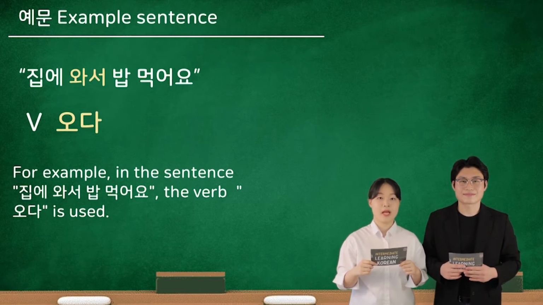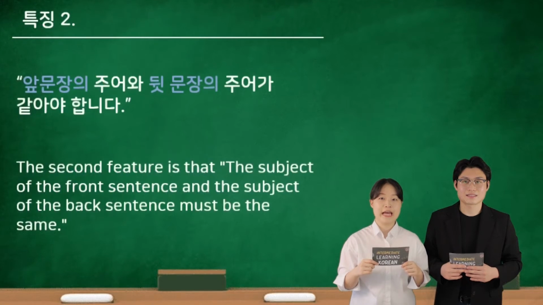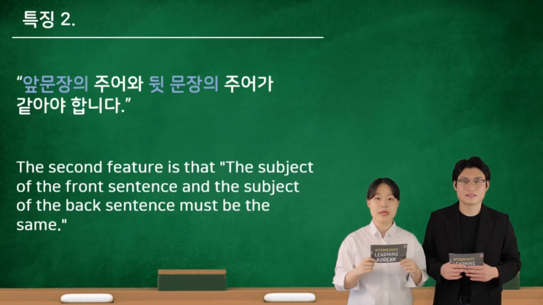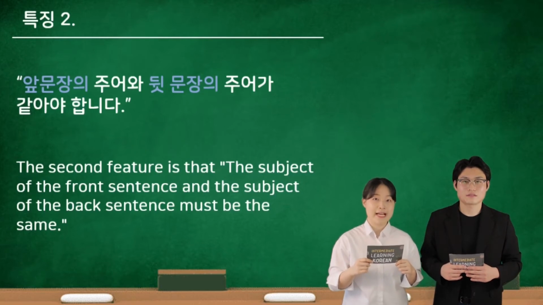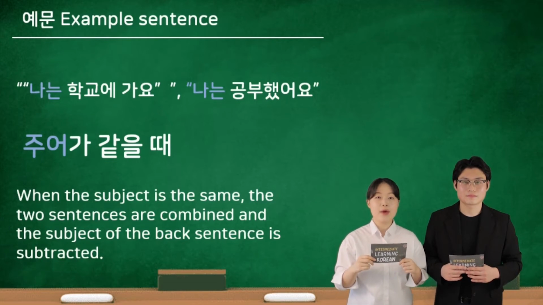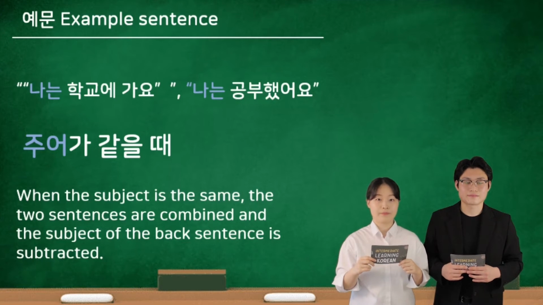If you correct this sentence, it becomes 나는 학교에 가서 공부했어요. Yes, by solving the problem through example sentences, I think I can accurately remember what I learned last time.